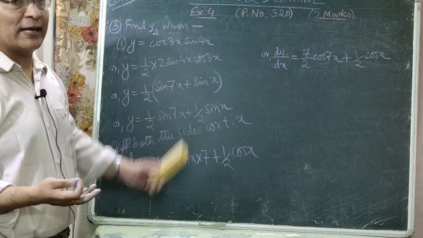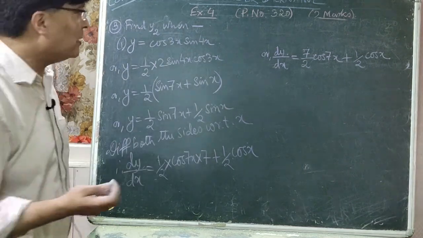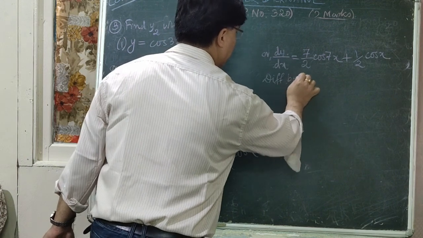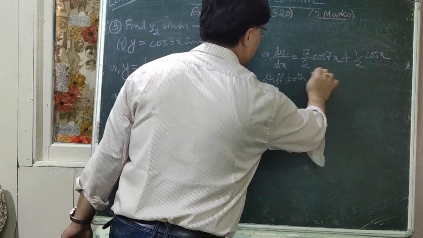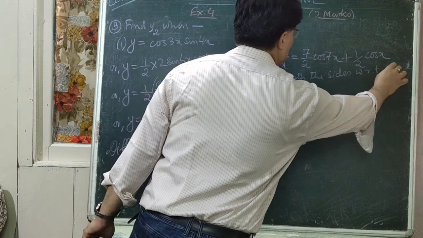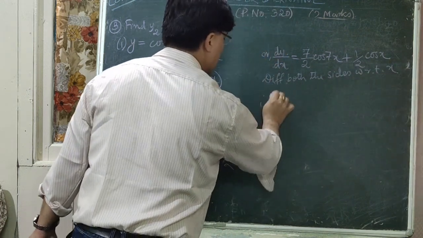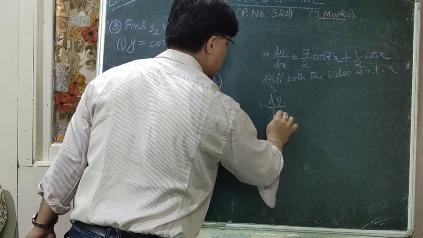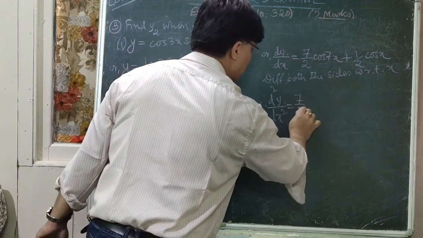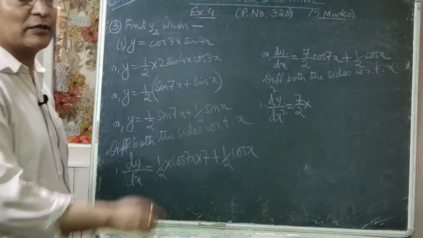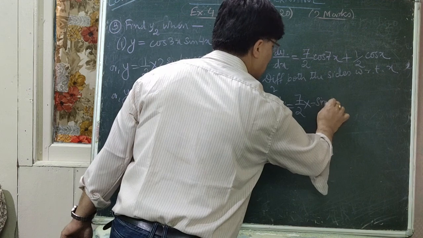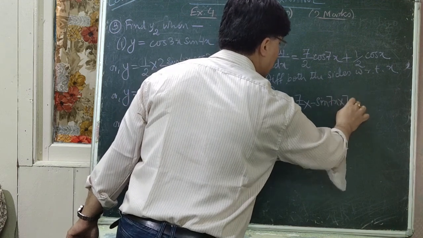So y2 means, I already told you, it is d2y by dx square, right? So differentiating both the sides with respect to x, it is d2y by dx square. Differentiate once more: 7 by 2 into, what is the differentiation of cos 7x? It is minus sine 7x into 7.